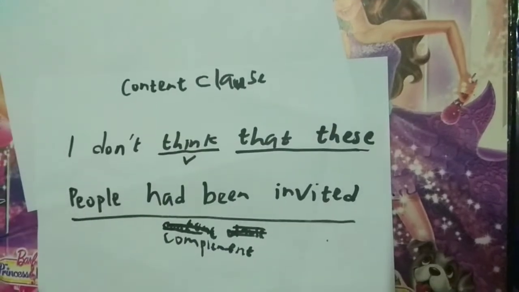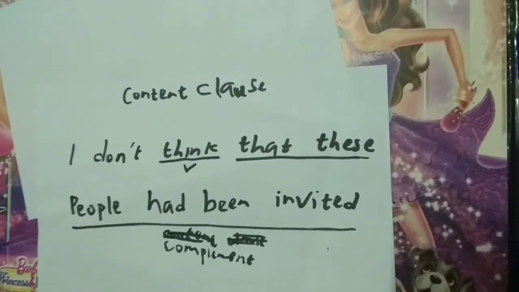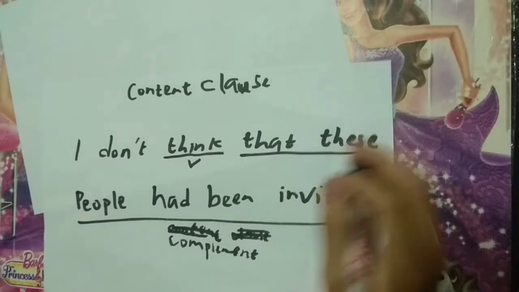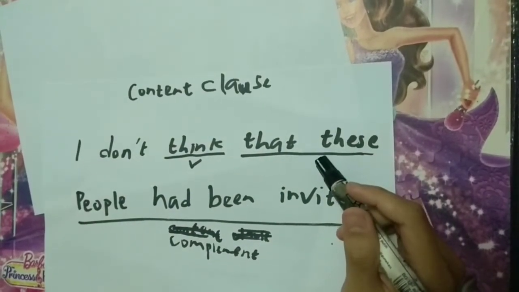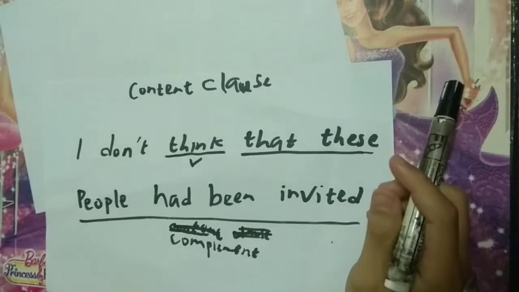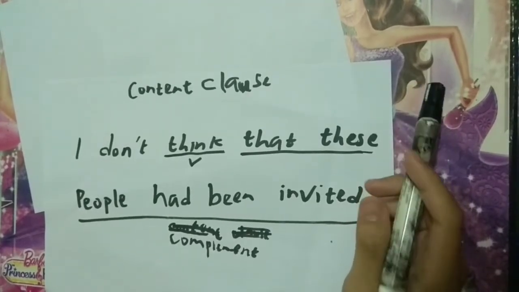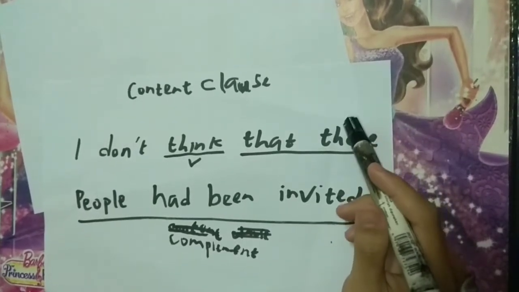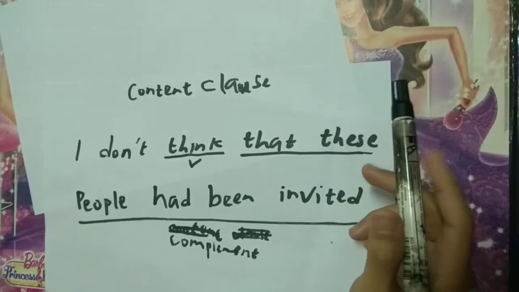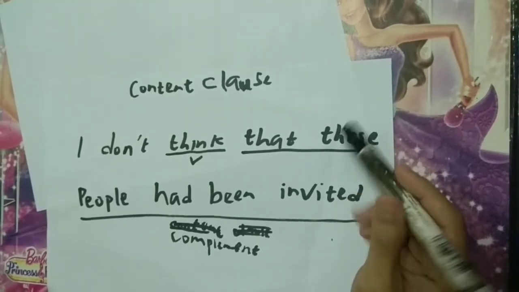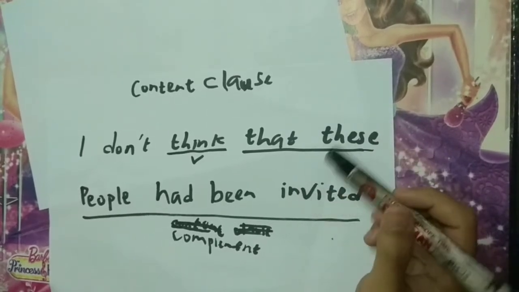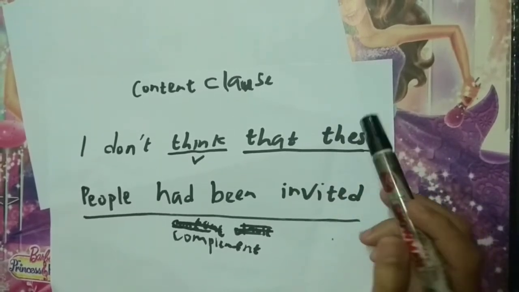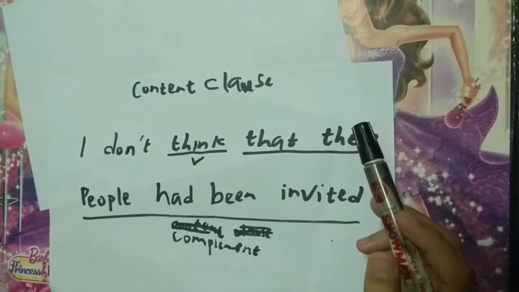And the last is the content clause. A content clause becomes the complement of a verb because this content clause follows the characteristic of speech act function. So let's see the example. I don't think that these people had been invited.